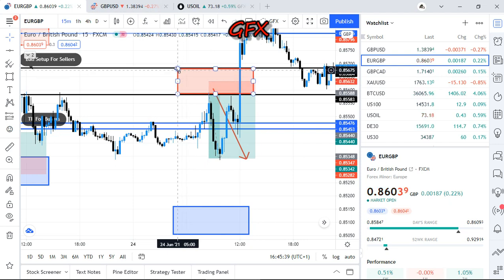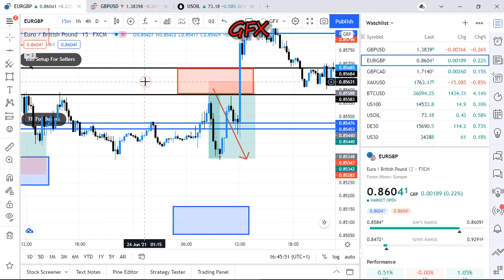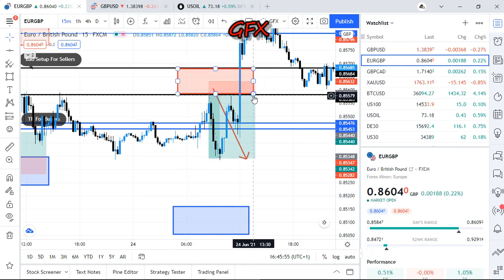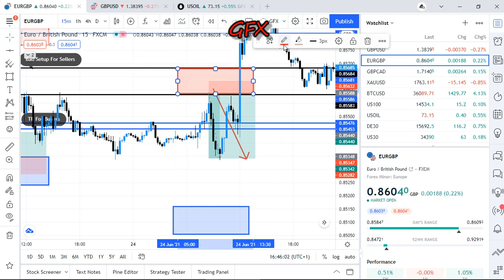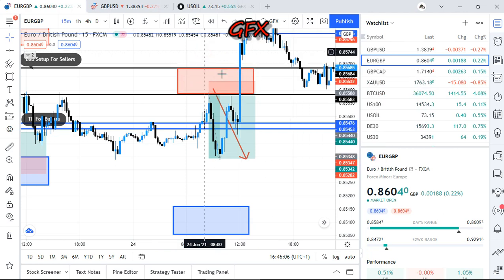Then from the time I gave it, which should have been 5 o'clock or later or earlier, if I gave it by 6 o'clock, you start from 6 o'clock and draw the box. You choose your rectangle, put it from 6 o'clock or whenever I gave it, and draw it to 12 o'clock, which is recommended. Then you color it red so you know which one is demand and which is supply. So you have successfully drawn the supply zone.